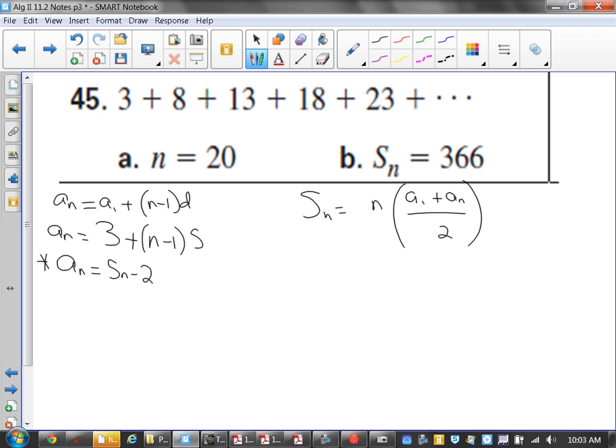So in order to figure out what that a sub n, that nth term, is within the series, you write out the generic rule, because they're going to ask you, well, I want to add up 20, when n is 20. So the 20th term will be 5 times 20 minus 2. The 20th term is, very good, 98.